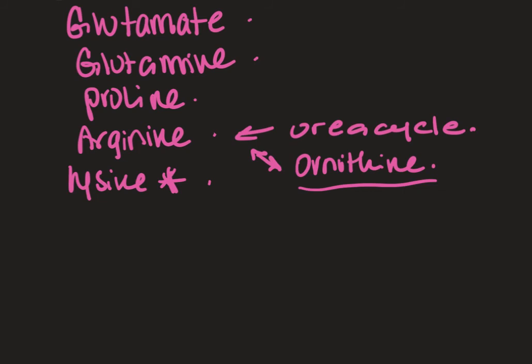So in mammals, ornithine is made from glutamate, and it occurs via a pathway that does not involve an N-acetyl block.